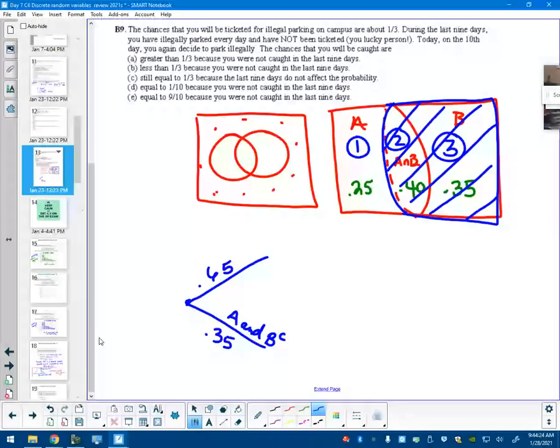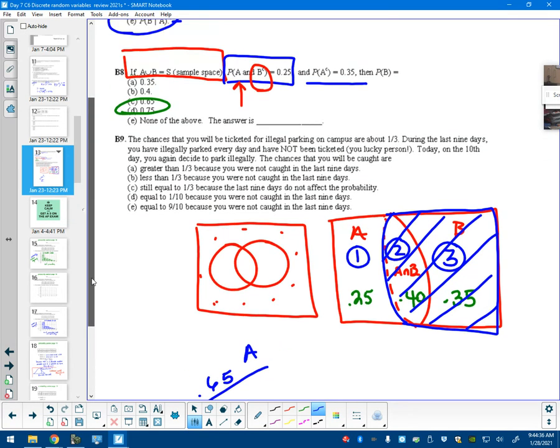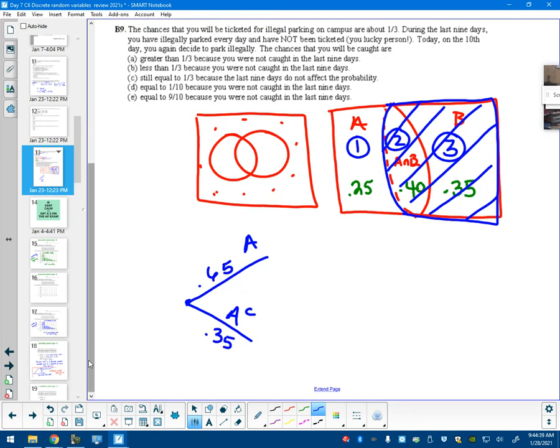I had A on the top and then A naught for the second one. And then I did little arms from the 0.65 so that the top arm was B and the bottom was not B. And then I put for A and not B, so on the bottom 0.25. So this had to be 0.75.